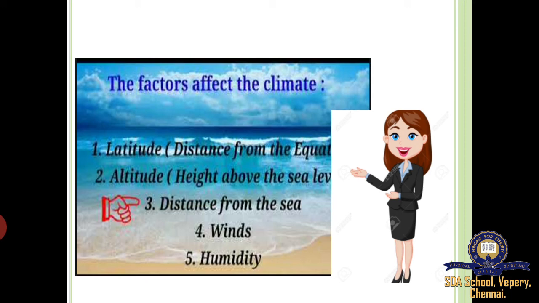The northeast monsoon winds, which blow in December and January, bring rain to southeastern coastal regions in India. Changes in weather and climate happen because of geography, the Earth's atmosphere, and where a place is located on the Earth. And the fifth factor is humidity and rain.